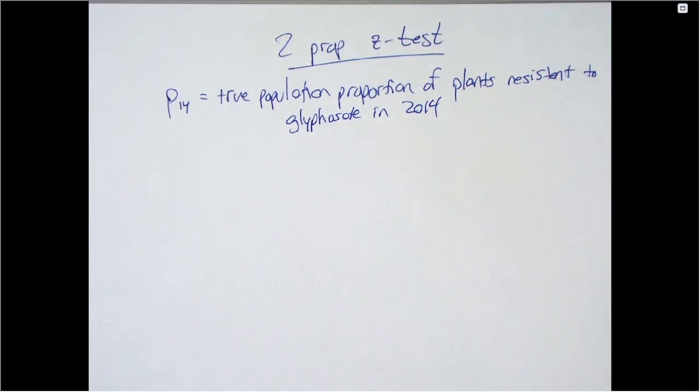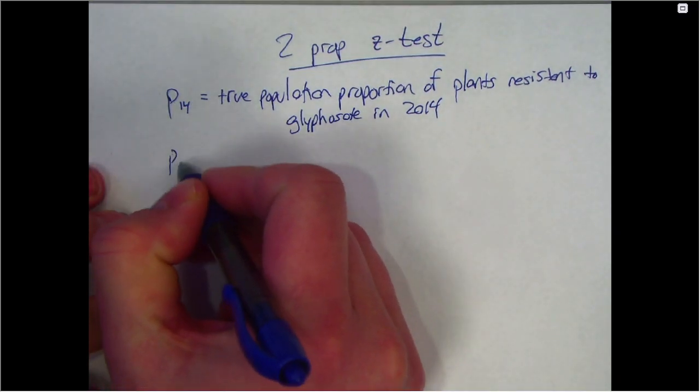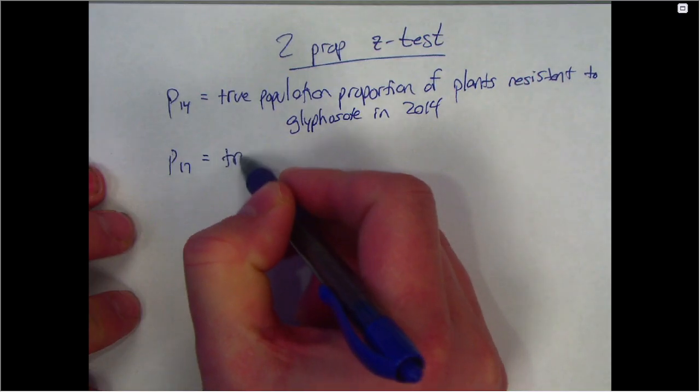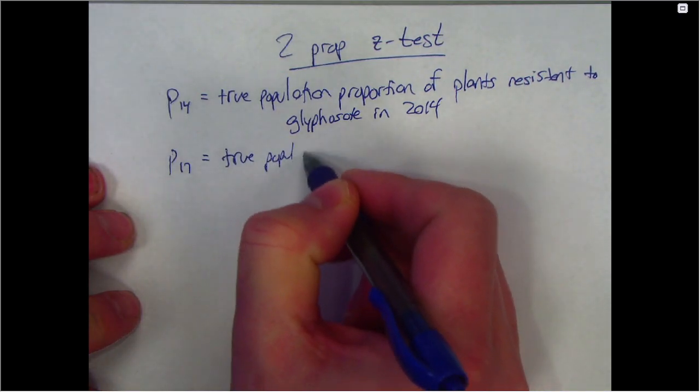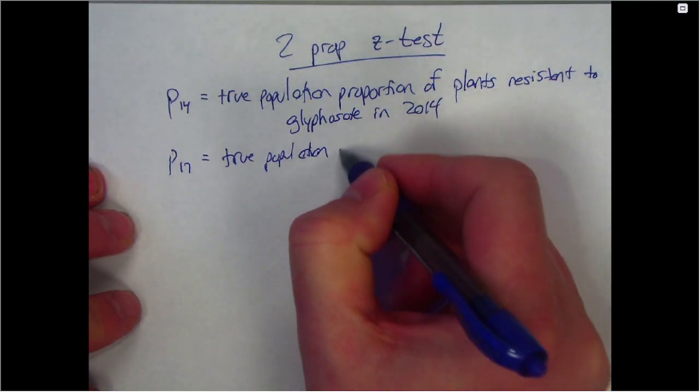I took a sample. I know what my sample shows, but I don't really know the true population values. And then P17, the true population proportion, blah blah blah, in 2017.